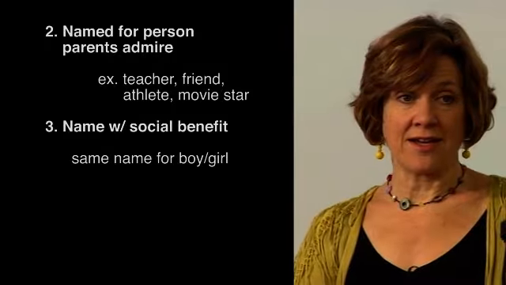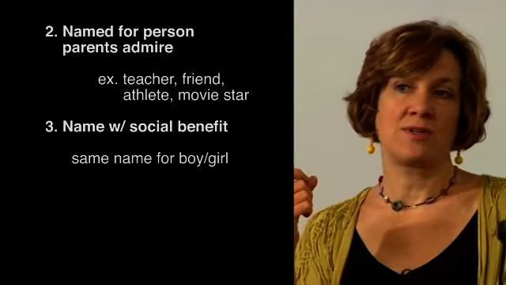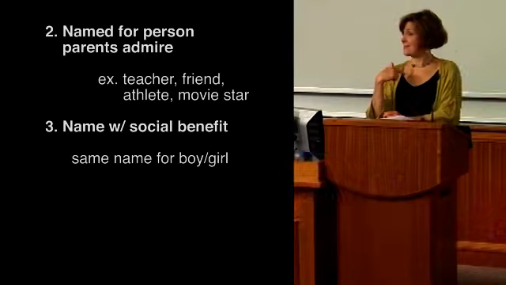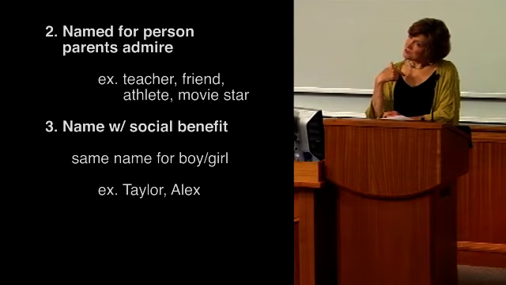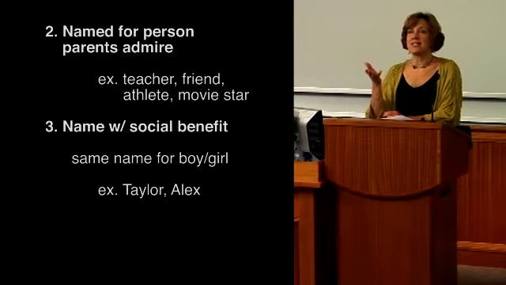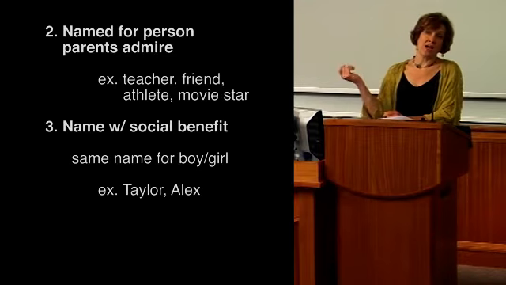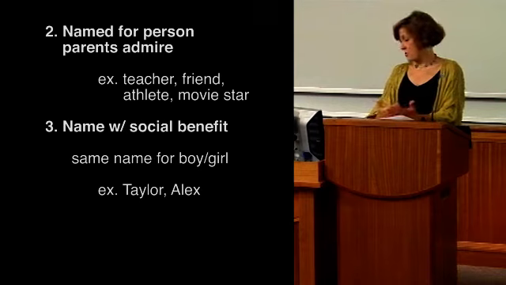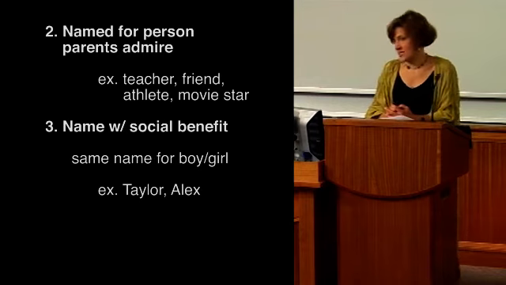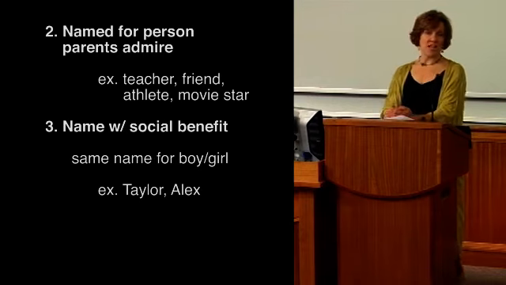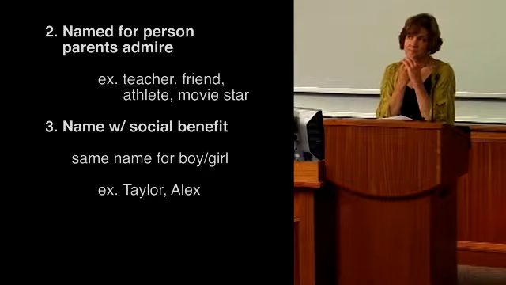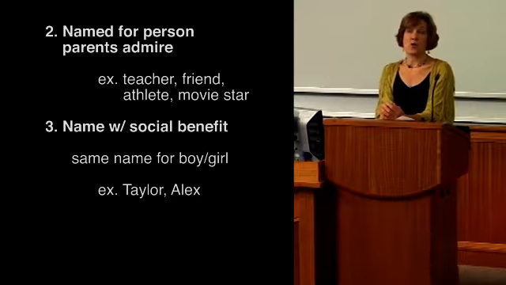A name like Taylor, for example, or my name, Alex. In fact, my parents told me they thought Alex might give me an advantage when I applied for jobs. Or if a parent wants people to notice their child, they may choose an unusual name like Denali or Sky.